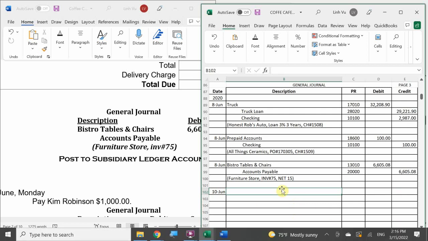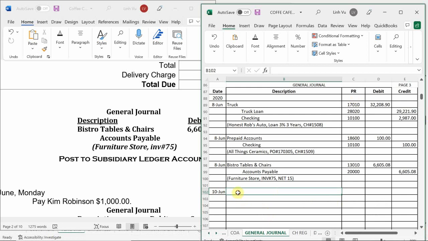So in that case, then you would associate this with an accounts payable, saying I'm no longer going to owe any money. I'm going to reduce my liabilities. Okay? And I'm going to pay $1,000.